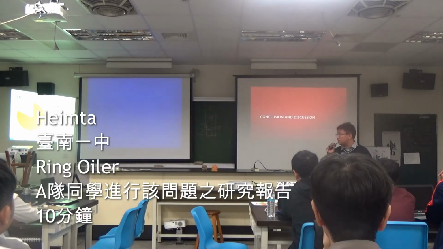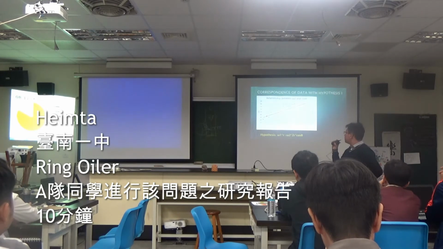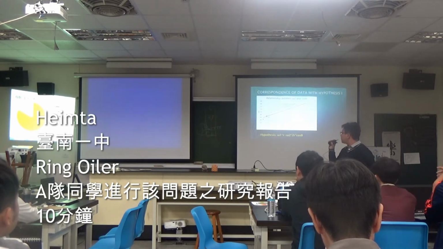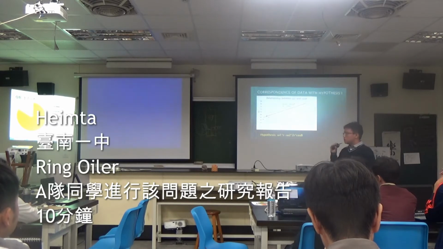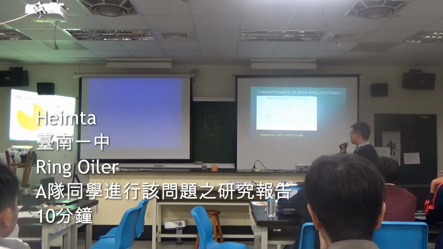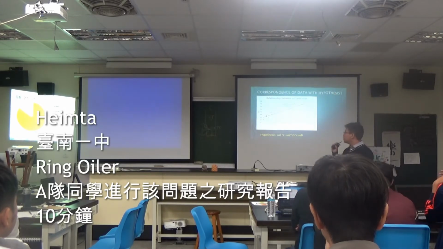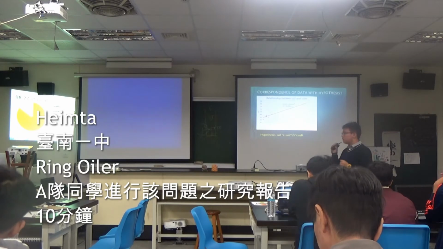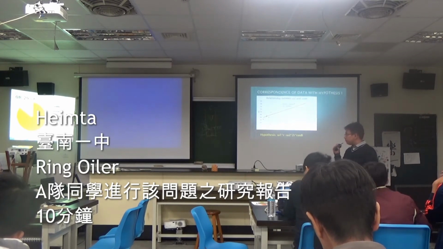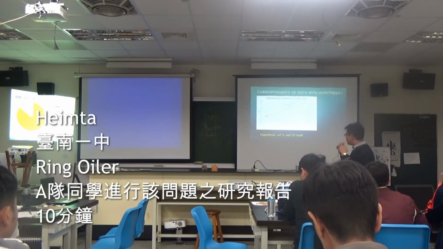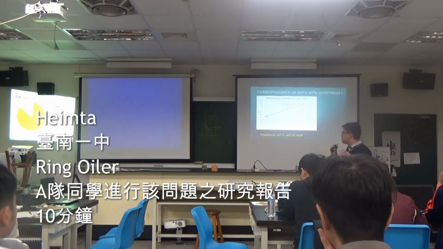So here is our conclusion and discussion. Firstly is the correspondence of our data with hypothesis 1. Our hypothesis was omega 1 times r equals omega 2 times 2r times cosine theta. In this diagram, we can see that the relationship between omega 2 and the inverse of cosine theta correlates with our hypothesis, which is that omega 2 is proportional to the inverse of cosine theta.